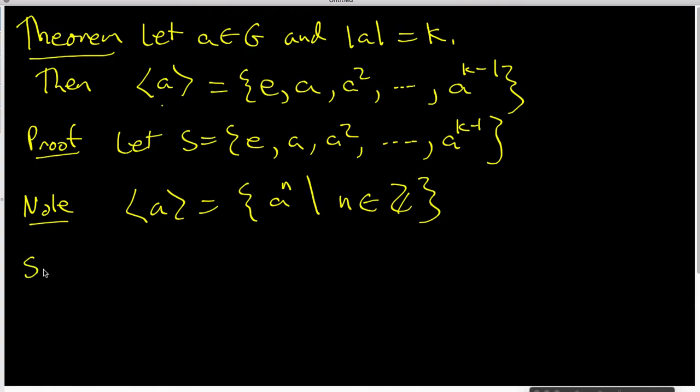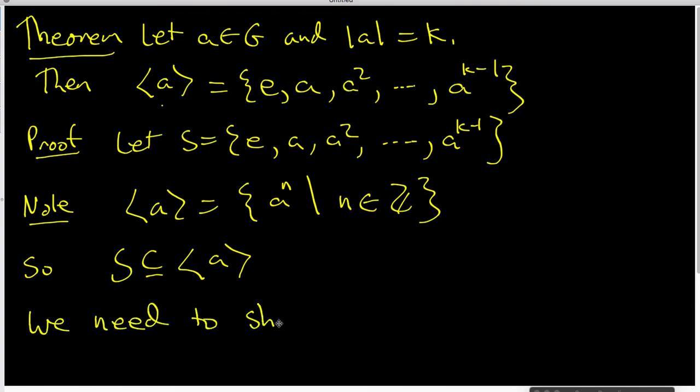So very clearly, S is inside the cyclic subgroup generated by A. We need to show that the cyclic subgroup turns out to be a subset of S. Because if we can do that, then we can conclude by a double inclusion that the two sets are exactly the same.